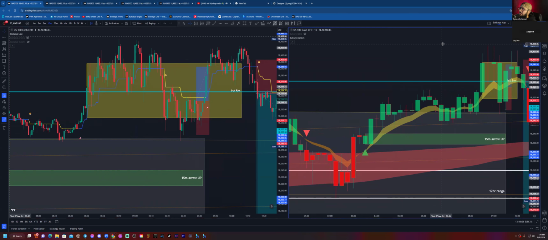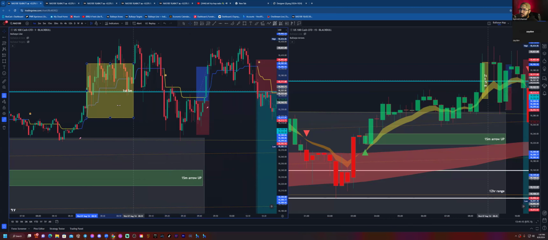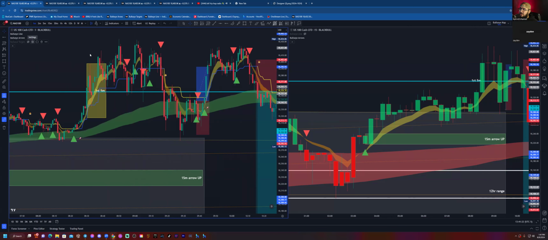But we're way above it, so we know it could come back down and touch it. We broke above the 5-minute range, so that's kind of confusing. What else? We have a green cloud on 1 minute.